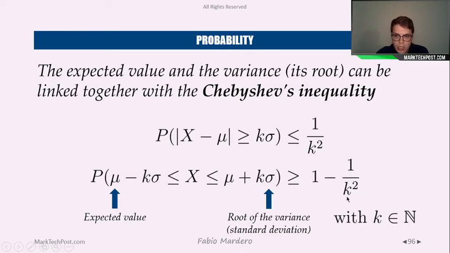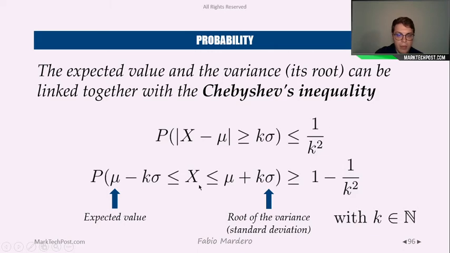Okay, so it means that the greater k is, let's look at the right side, the closer this value is to 1, since this term gets smaller and smaller. So we would like to see what it means with a big k. Well, let's see here.